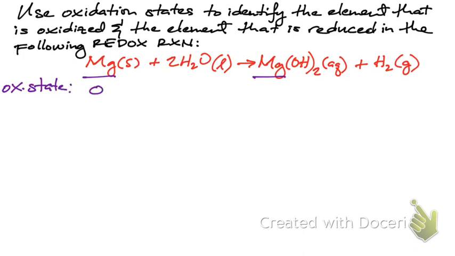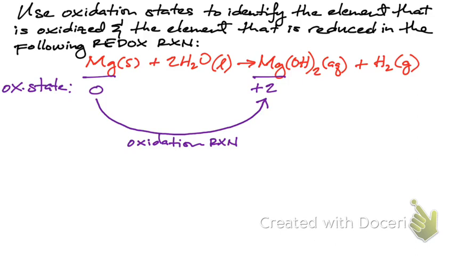So there's 0 for solid magnesium and +2 for magnesium hydroxide. And so you can see that there's an increase in the oxidation number from 0 to +2. And so that would be our oxidation reaction.